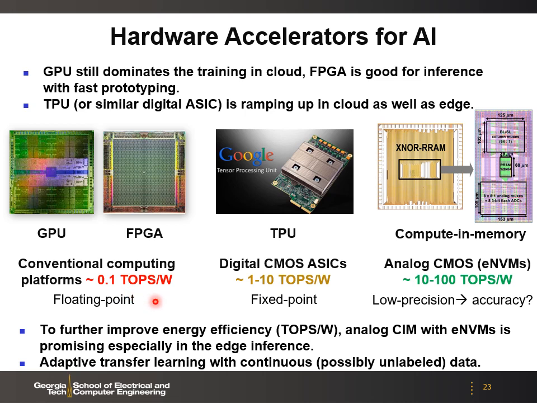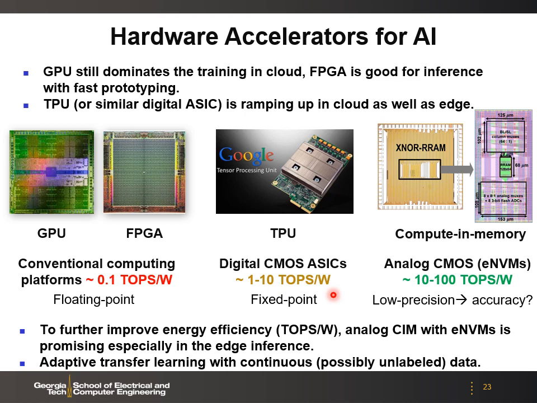The digital ASIC platforms like TPU or the equivalents can achieve 1 to 10 TOPS per watt, but they can only support fixed point computation. If we want to further increase the energy efficiency to 10 to 100 TOPS per watt, we believe that computing memory technology is a promising paradigm.